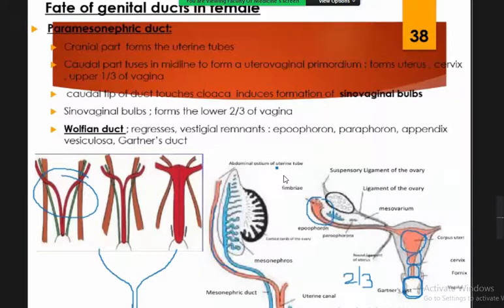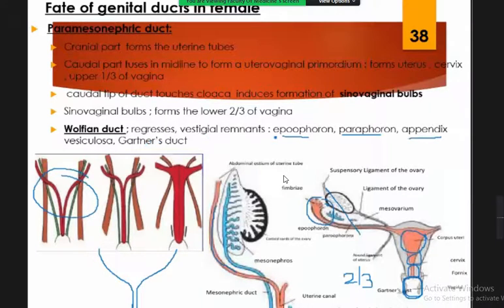The Wolffian duct in the female, we know that it regresses, and it only leaves vestigial remnants, the epoophoron and the paroophoron, and then it also leaves the appendix vesiculosa around the tip of the ovary, and then Gartner's duct.